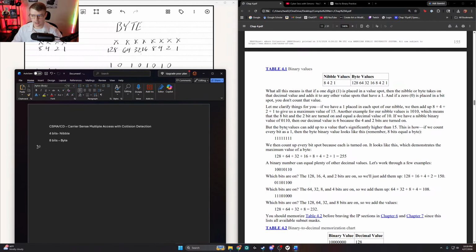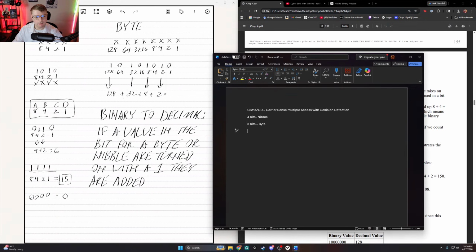Sweet. I think we can conceptually understand how we would take a nibble and a byte, and depending on what binary value we have for that nibble and byte, we can easily convert it to a decimal number. Because all we're doing is taking whatever values are turned on, and then adding them together to get an ultimate value. All right, this was what, 170?